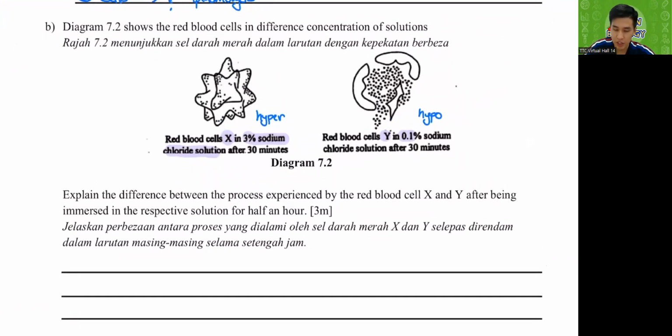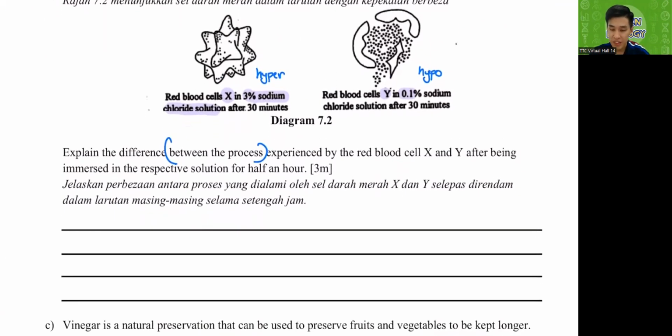So they ask you to explain the difference between the process experienced by the red blood cell X and Y. So first you can talk about the process they experience, which is of course hemolysis, then rupture, and this one is crenation. Okay, why like that? You explain also the difference.